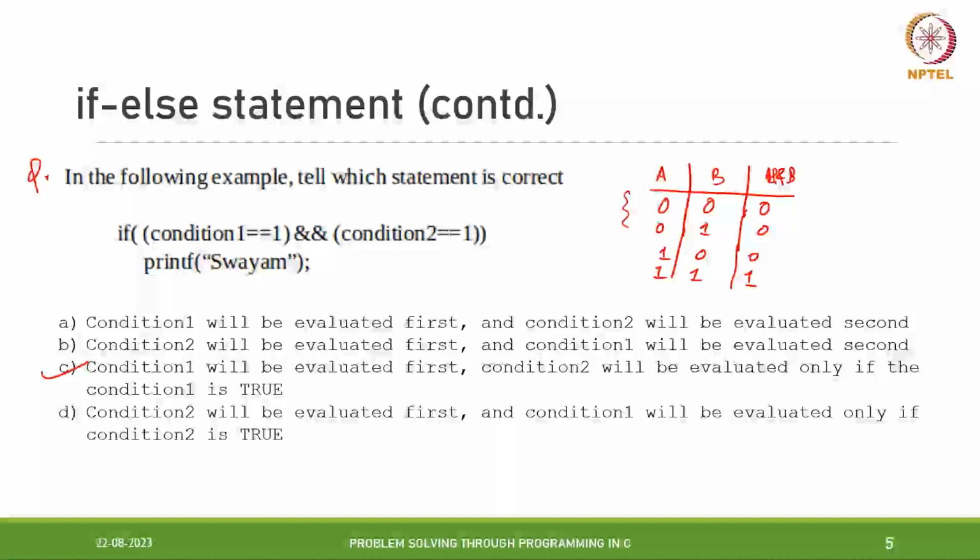So the answer is option C: condition 1 will be evaluated first and condition 2 will be evaluated only if condition 1 is true. Is it clear how the evaluation order of the conditions works? Yes.